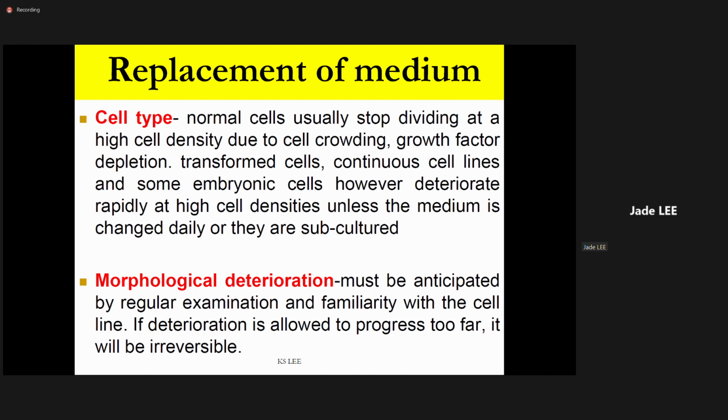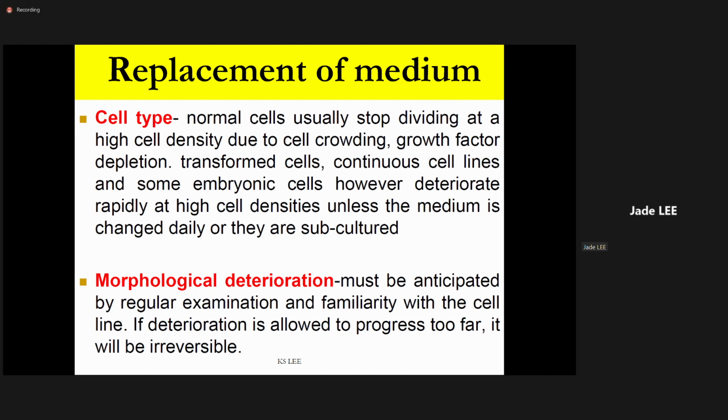Another one is morphological deterioration, which must be anticipated by regular examination and familiarity with the cell line. If the deterioration is allowed to progress too far, it will be irreversible. That means you will lose the cells because they are heading for death fast.